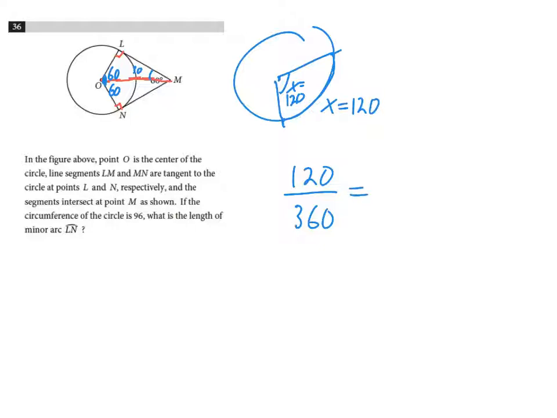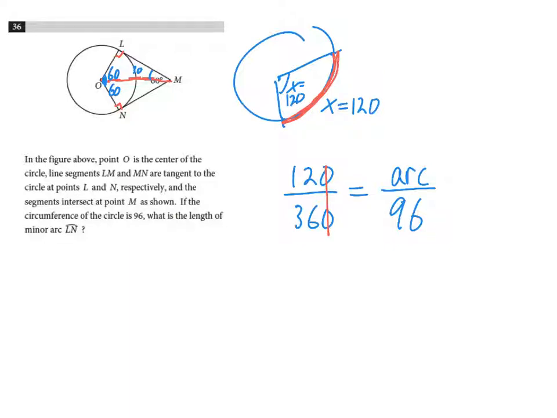The circumference is going to be proportional to the central angle. So we know that the circumference, which is given as 96, should be proportional to the arc, the intercepted arc. So we can just solve this proportion.